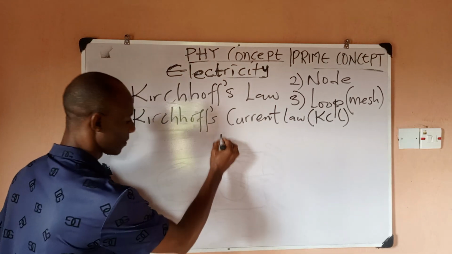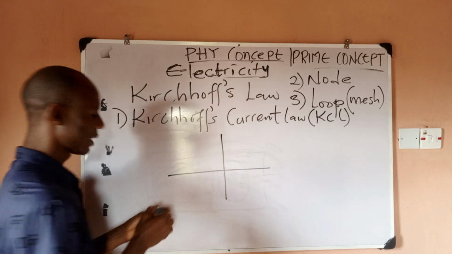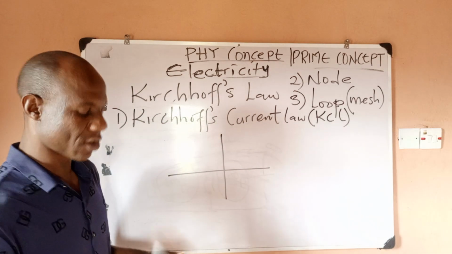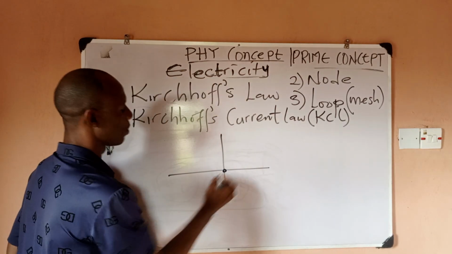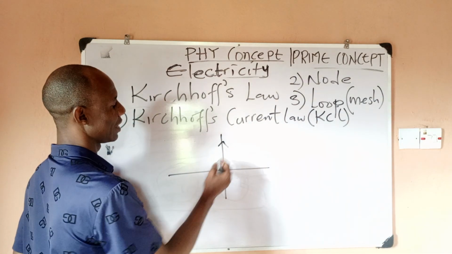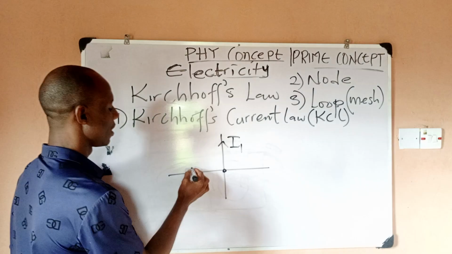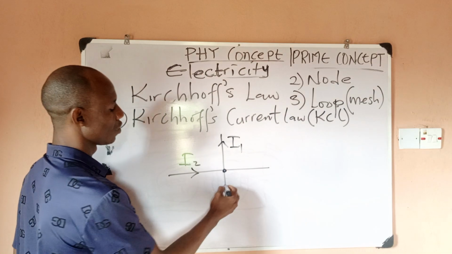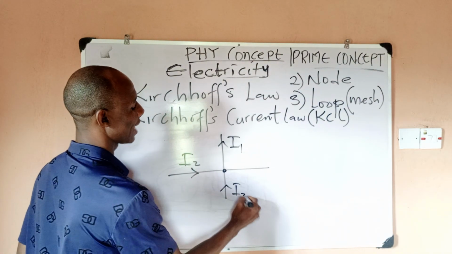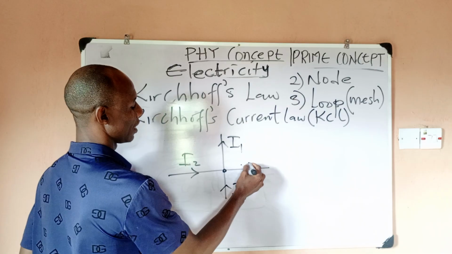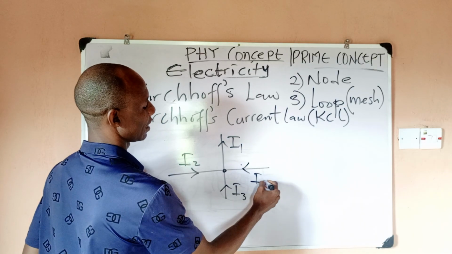Say we have something like this. Let's say these are wires connected and they are meeting at this point. Now we have a current here, say this is I1. We have the current here, this is I2. We have a current here, this is I3. And we have a current here, this is I4.